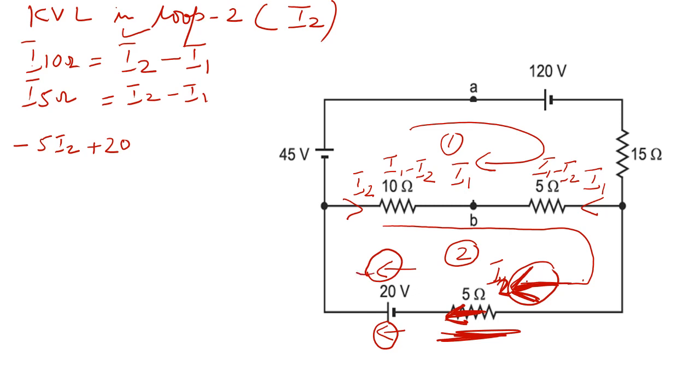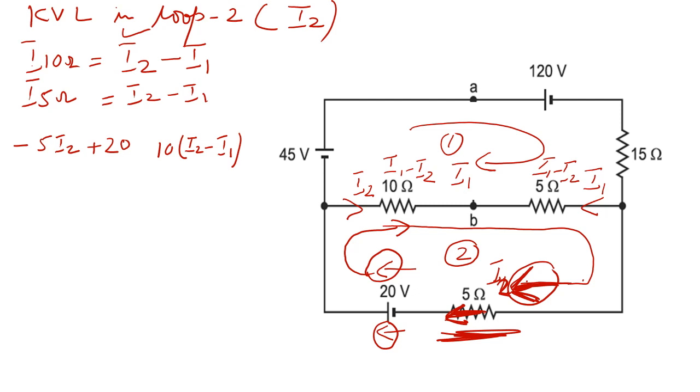Now this loop will come here near the 10 ohm. So from the 10 ohm the current passing is I2 minus I1, and here it will come 10. So this is the voltage, but what sign will come?